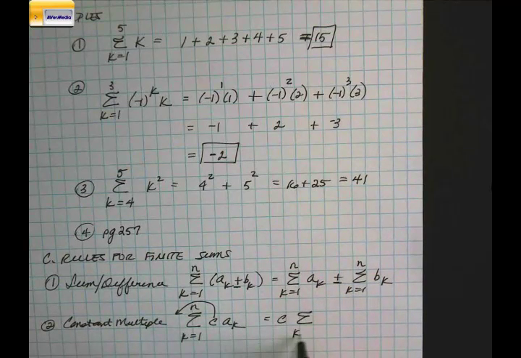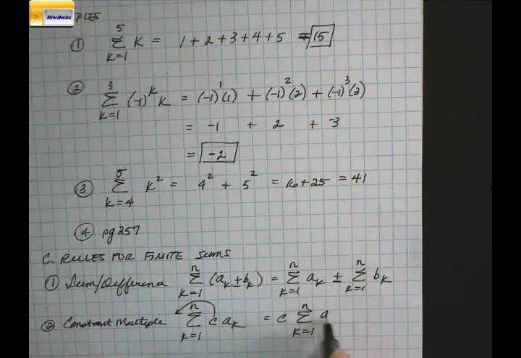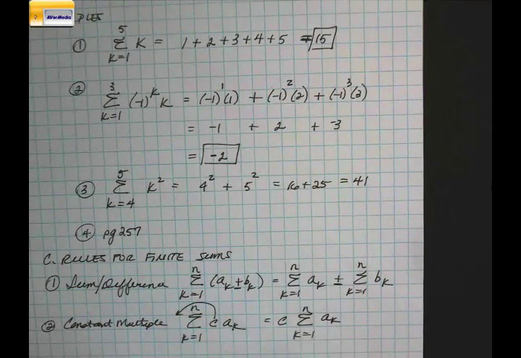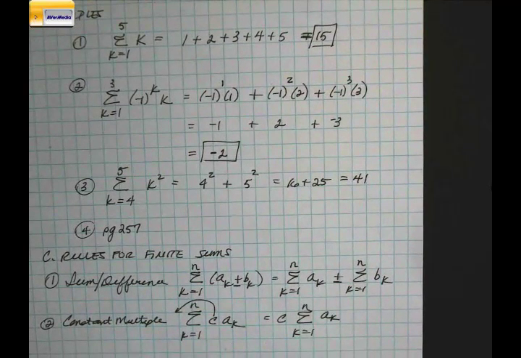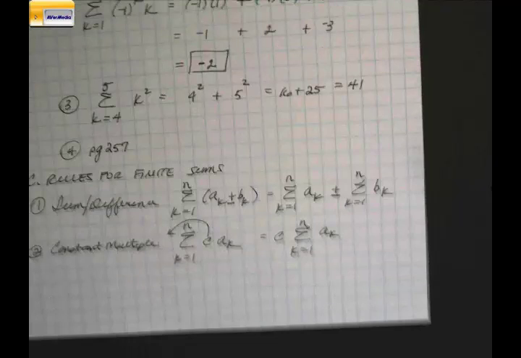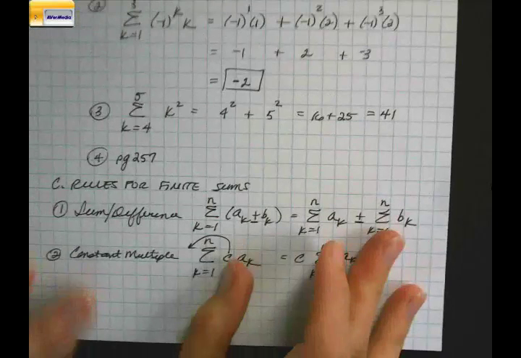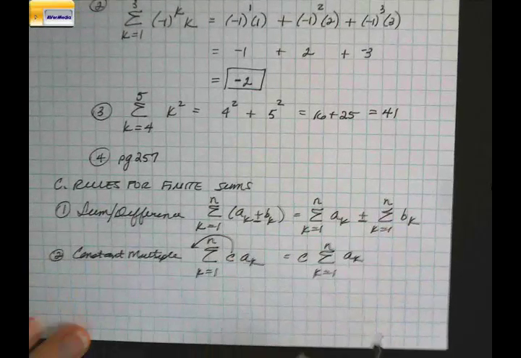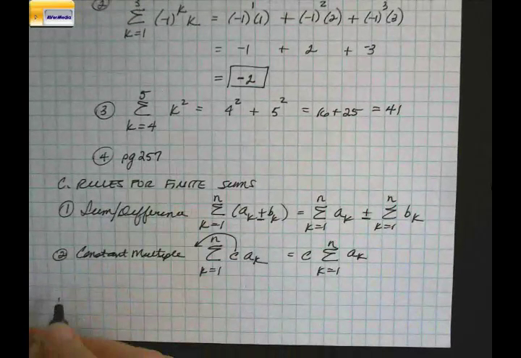So it's the constant times the summation of k equaling 1 to n of a sub k, something that has the k in the formula. So if it doesn't have k in the formula, then it would be a constant value that you could put in front of your summation or sigma symbol.